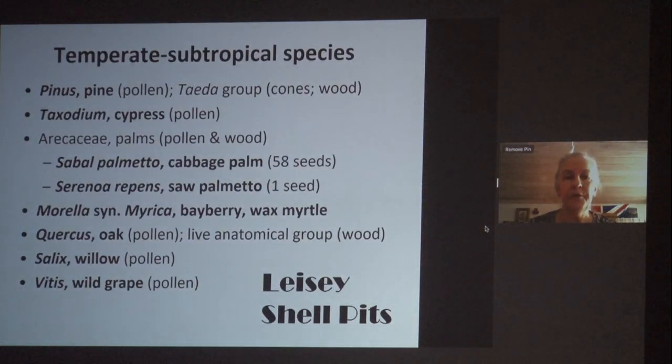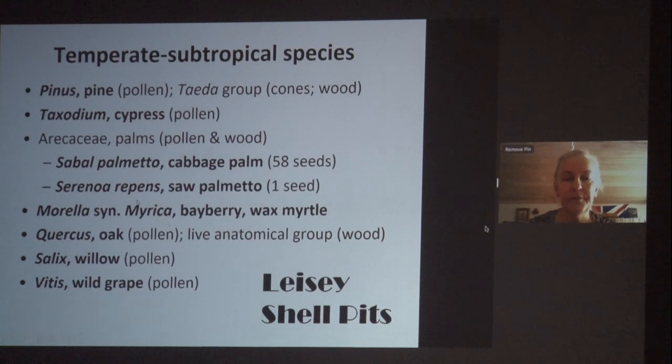In addition, at Lycee, pine was identified from pollen, and the Tata anatomical group are yellow pines from cones and wood. We identified Taxodium cypress, the two palms that are so frequent in our environment today, wax myrtle or bayberry, oak and willow and grape.